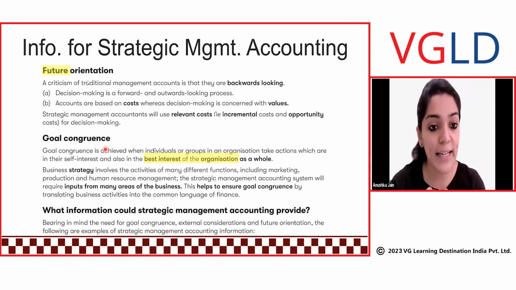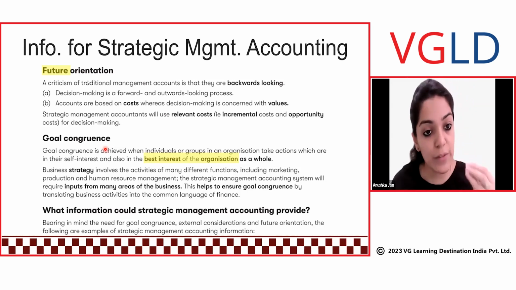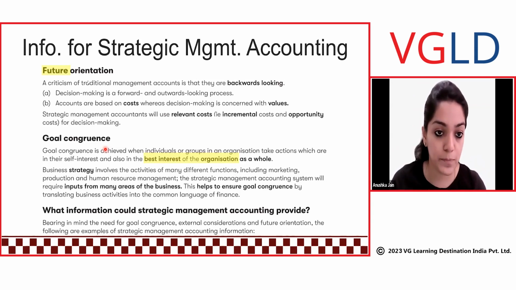That means my interests, my goals are achieved, and at the same time, those goals are also leading to the achievement of the organizational goals. So individual goals and organizational goals merge together due to my activities. That is what goal congruence achieves.